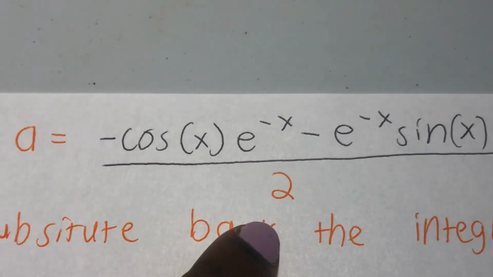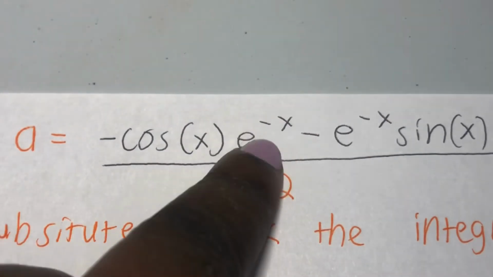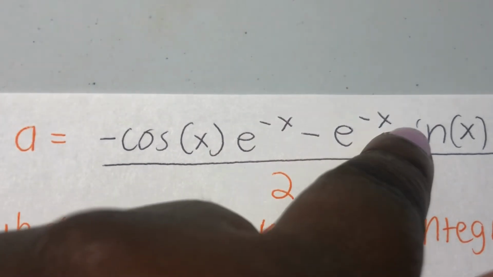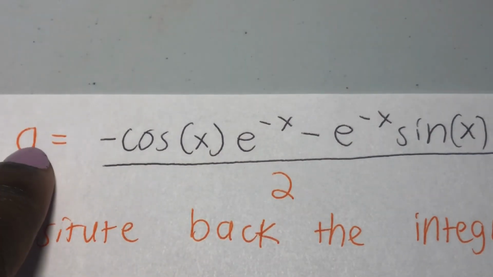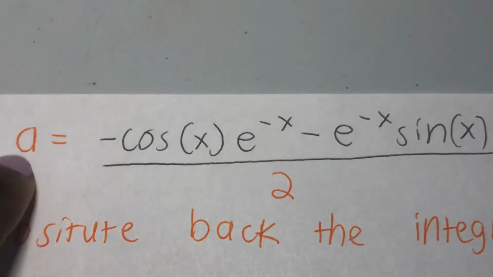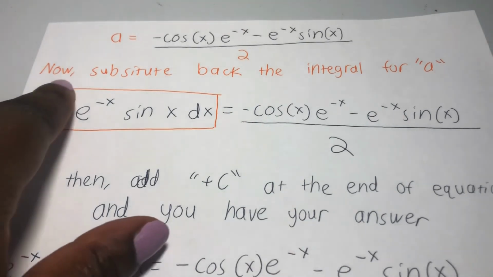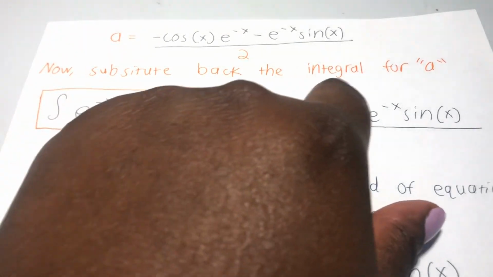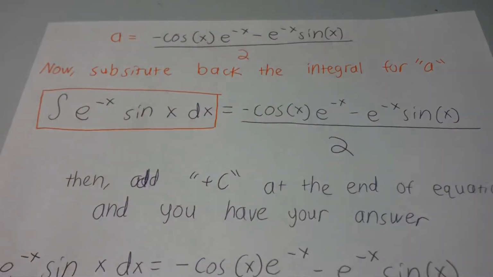On the other side, when we divided by 2, we got negative cosine x times e to the negative x minus e to the negative x sine x over 2. So this is what a equals, and that's the goal. We're trying to get a by itself. Now we substitute back the integral for a, because remember a equals that integral that we were trying to solve.